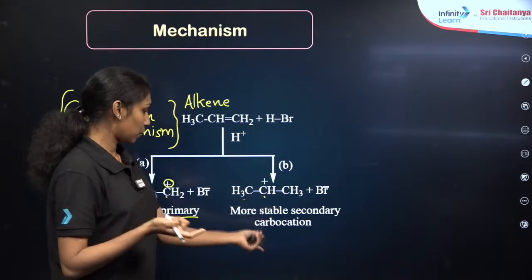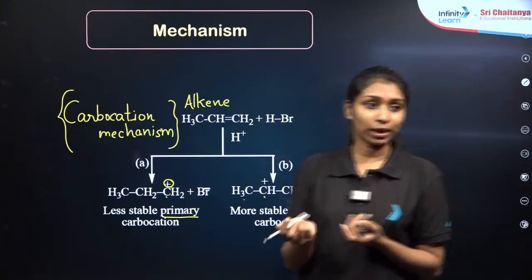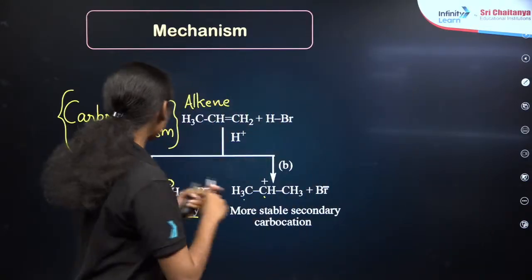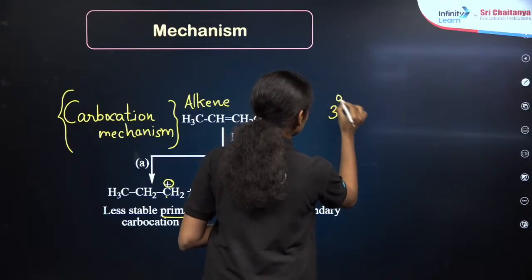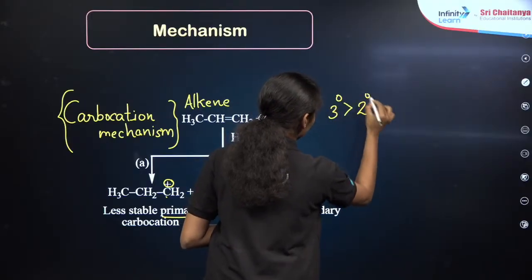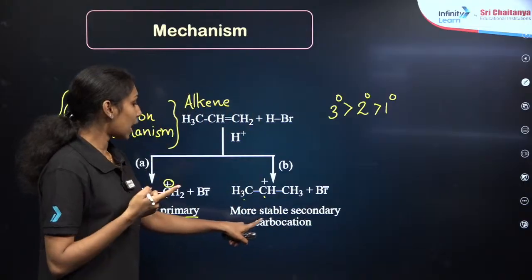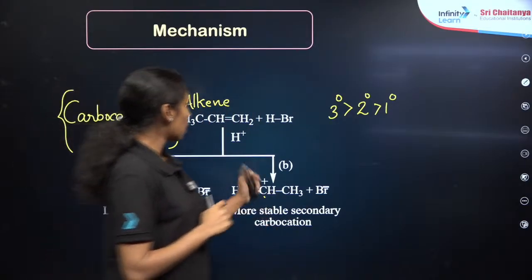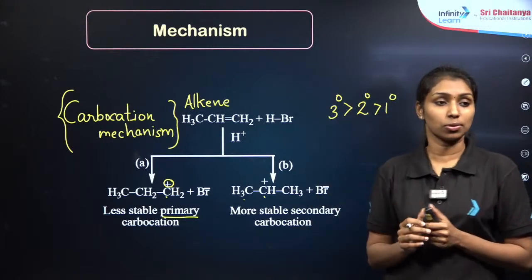According to the stability of carbocations, tertiary is more stable than secondary, which is more stable than primary. So between primary and secondary here, the stable carbocation will be secondary. The product will be based on that particular carbocation. Clear? It is about Markovnikov's rule.